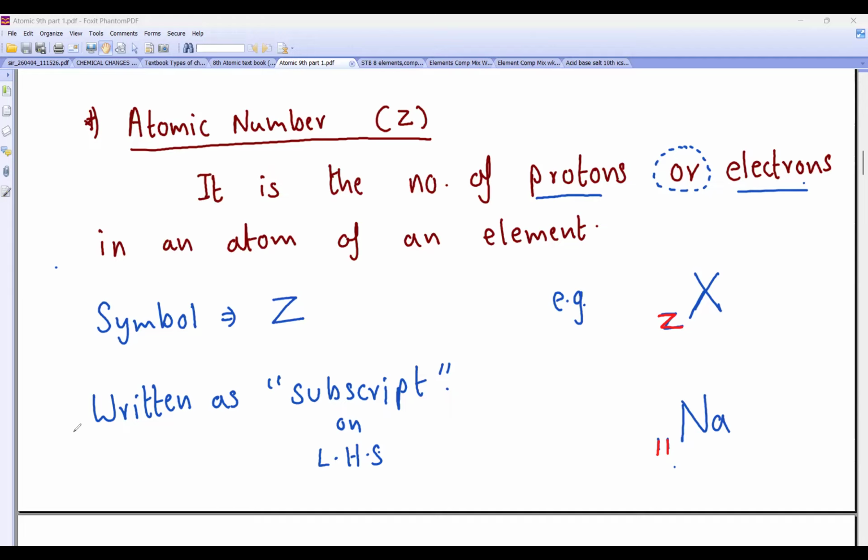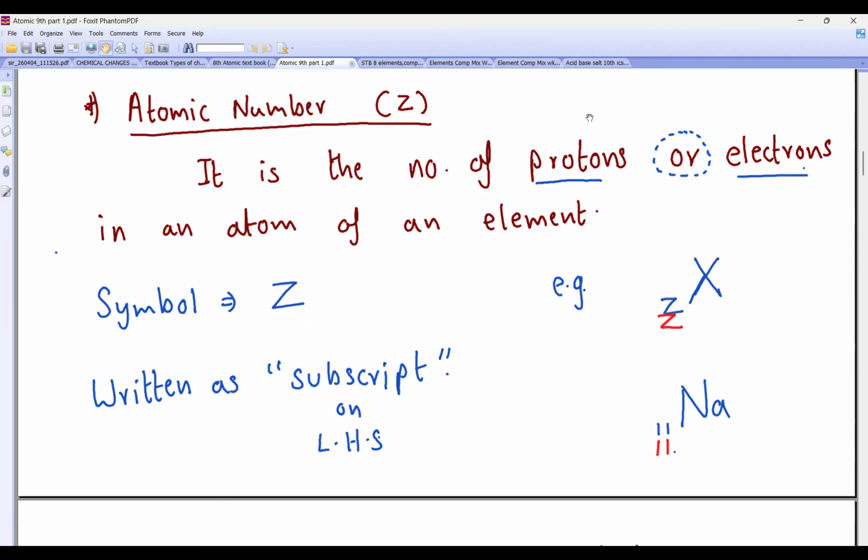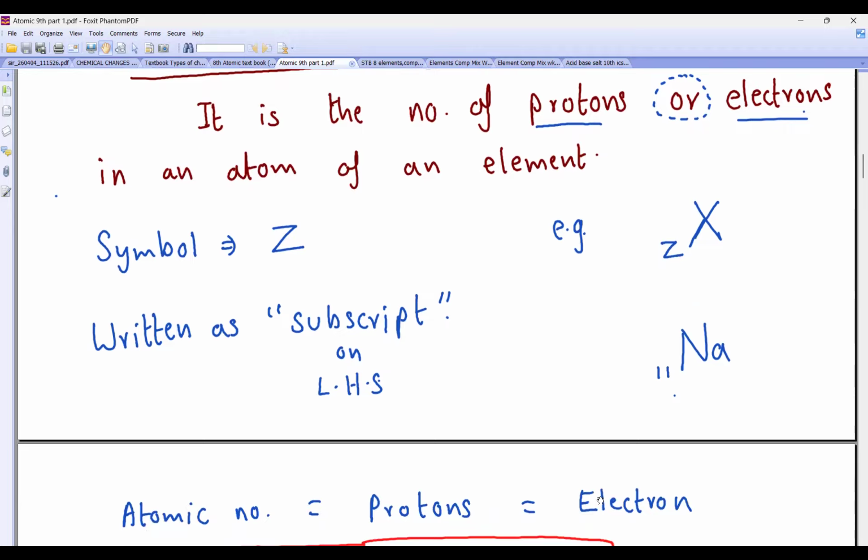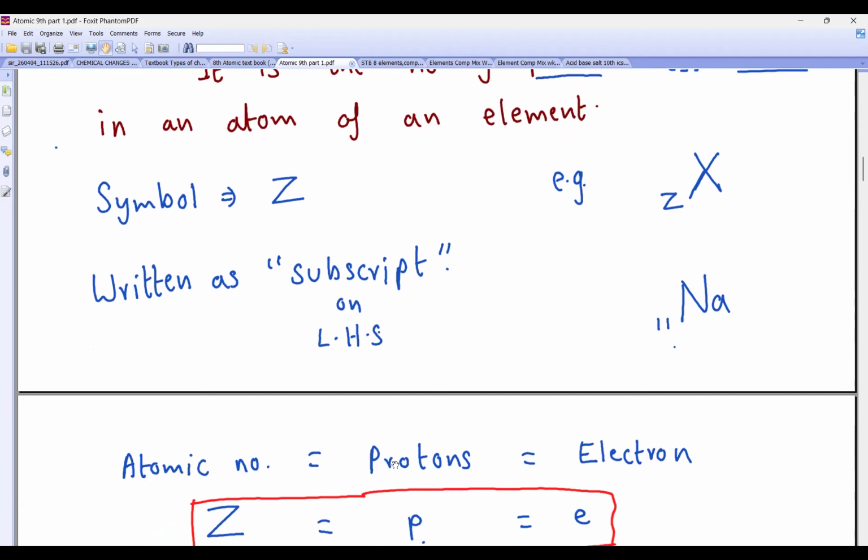Now, what does this mean? Suppose I say sodium atomic number is 11. So whatever the atomic number is, it is equal to the number of protons, which is equal to the number of electrons. What is the symbol for proton?